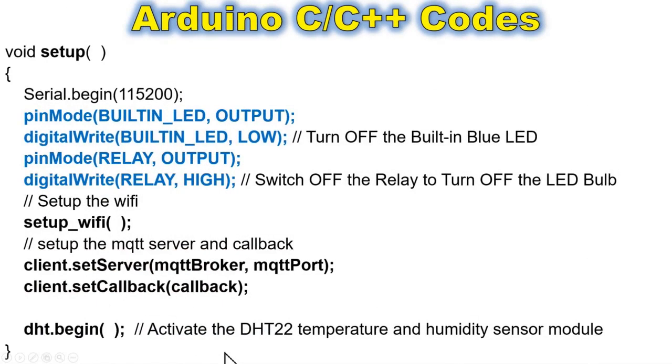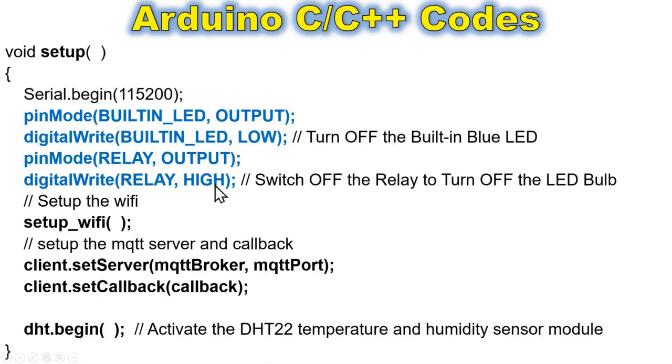The method or function setup is run once by the microcontroller. The beginning codes will turn off both the built-in ESP32 blue LED and the relay using the two commands pinMode and digitalWrite.